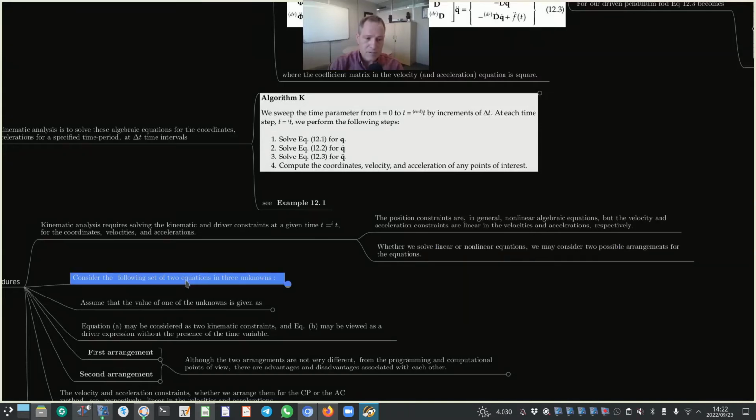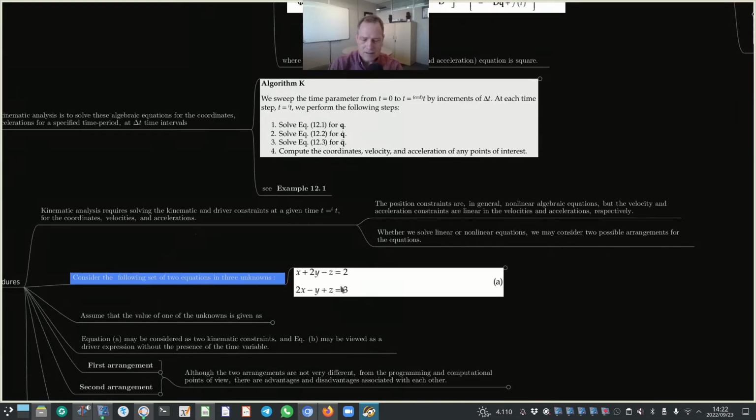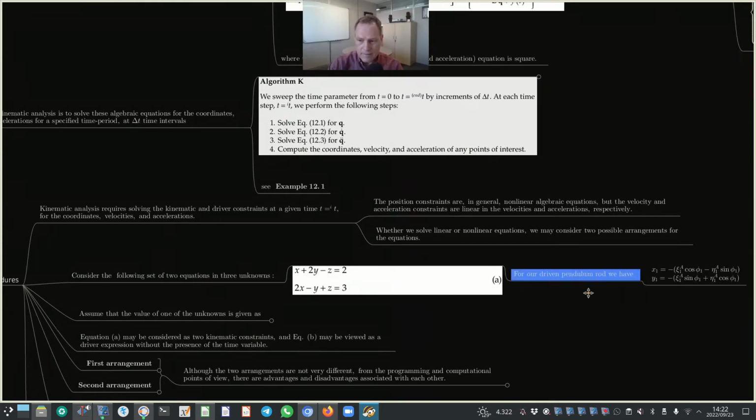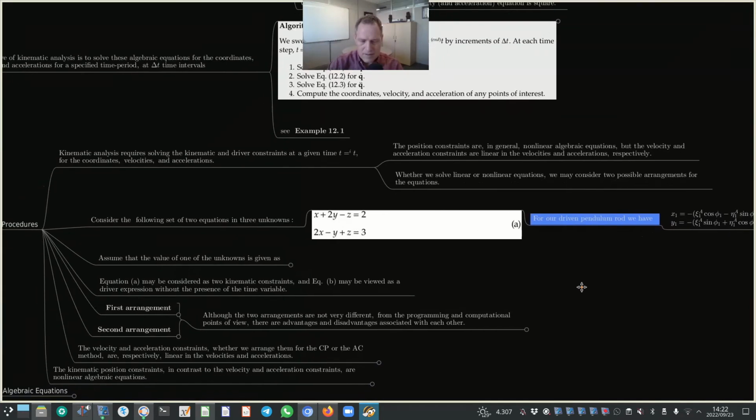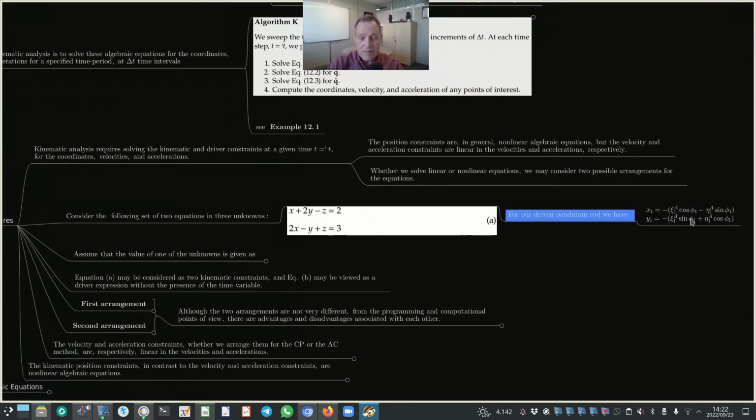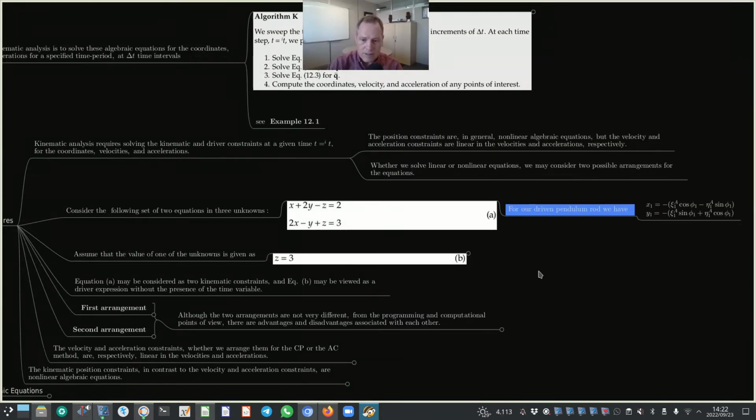But first of all, consider the following set of two equations in three unknowns. This is just an illustrative example. For our driven pendulum rod, we have x1 and y1 as a function of phi1 in both cases. So I'm just showing the driven pendulum rod in parallel with this illustrative example. Now assume that the value of one of the unknowns is given as z equals 3.